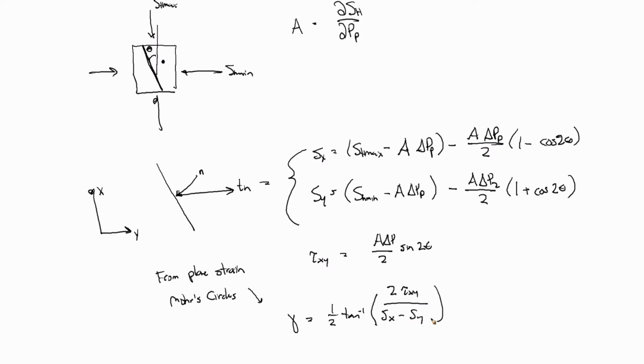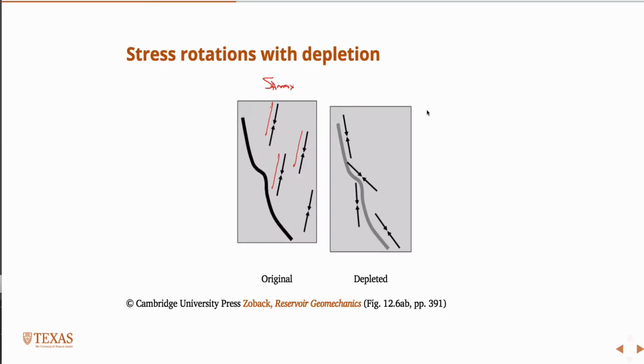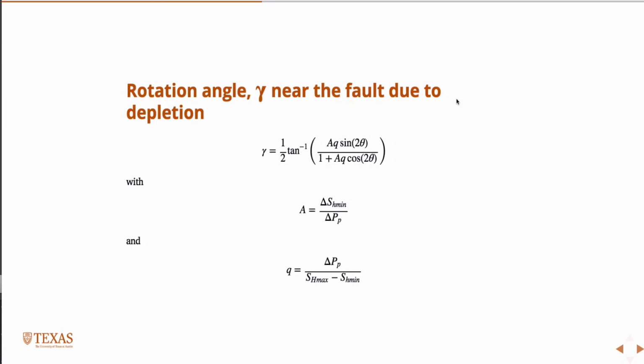If you plug in those 3 values into this equation and make a bunch of simplifications, and that's really what we're interested in, which is why I didn't go into all the details of the Mohr circles, then you get an equation like this, where A is defined as we've defined it before, and this Q is just this parameter. So you can get some local reorientation due to depletion.